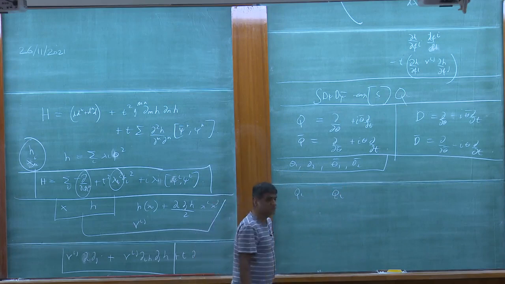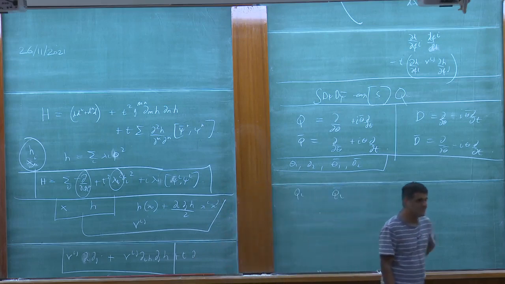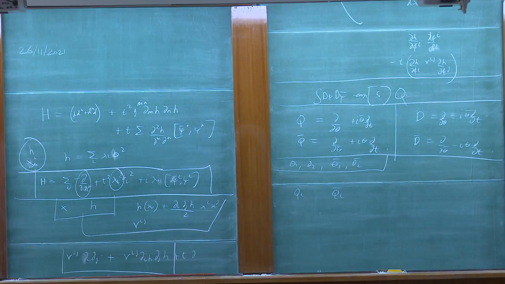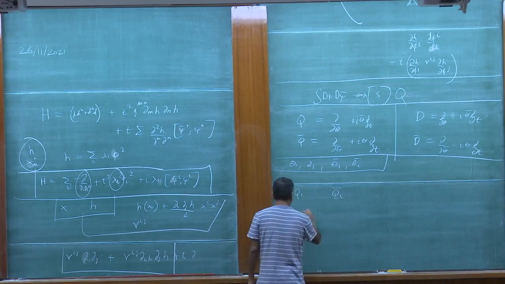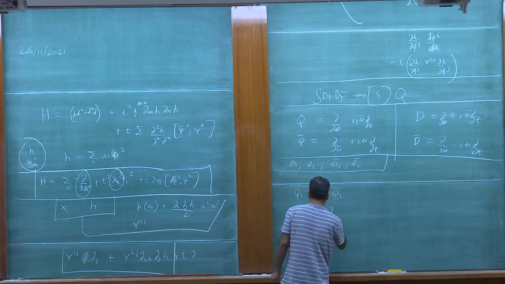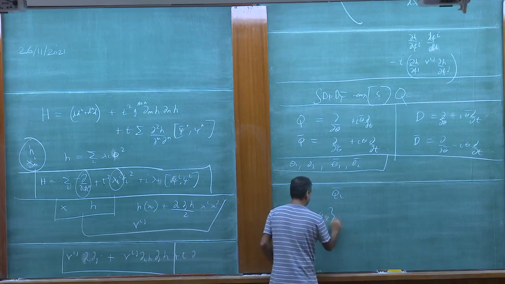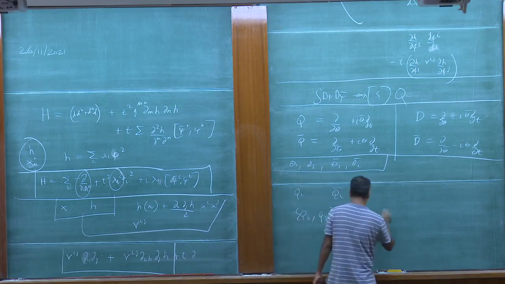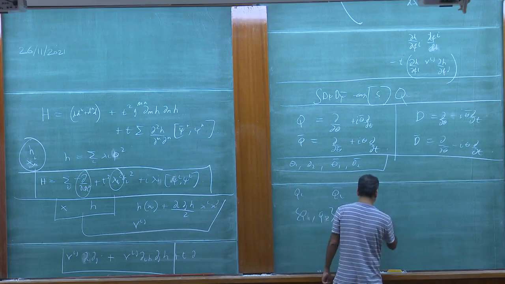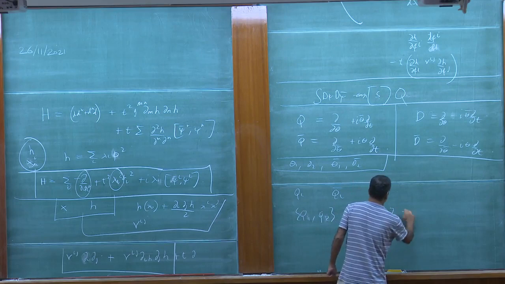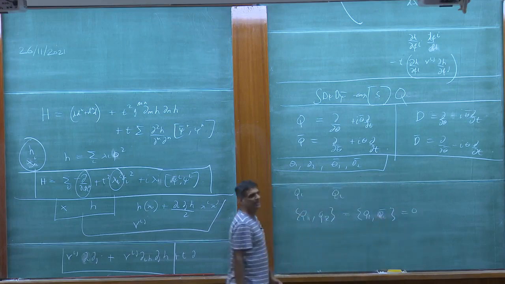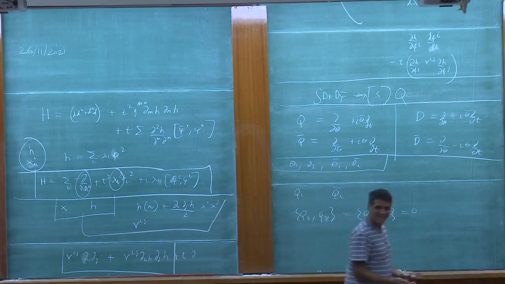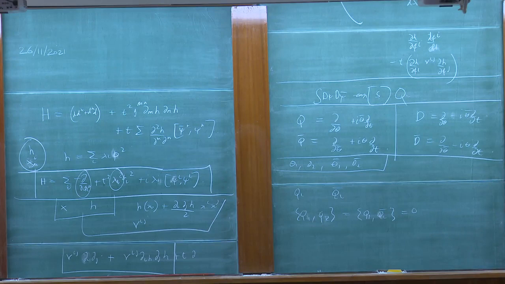Now, theta 1 and theta 2 have nothing to do with each other. So it's obvious that, let's say, Q1 and Q2, Q1 bar and Q2 bar, Q1 bar and Q2, these are obviously anti-commuting objects, just because the derivatives don't act on anything.